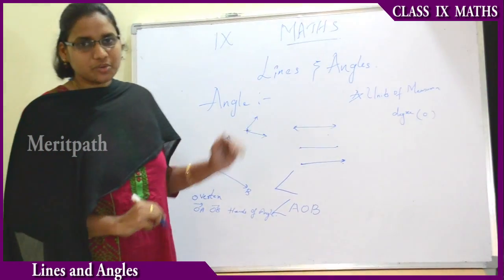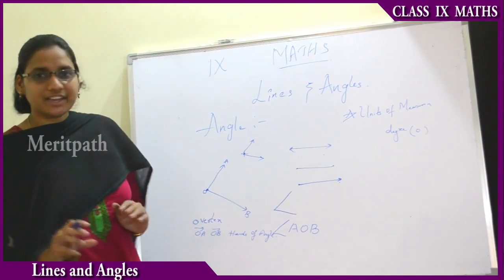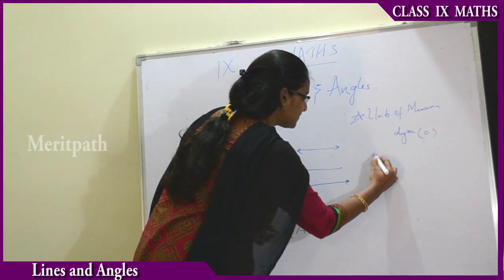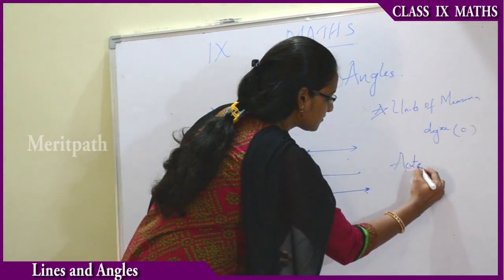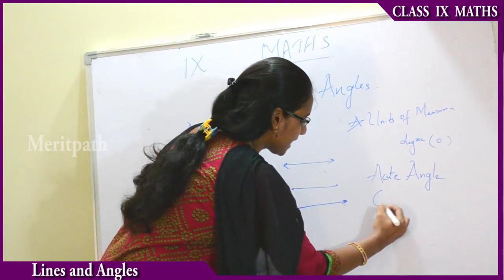On the basis of measurement, angles are classified into 6 types.